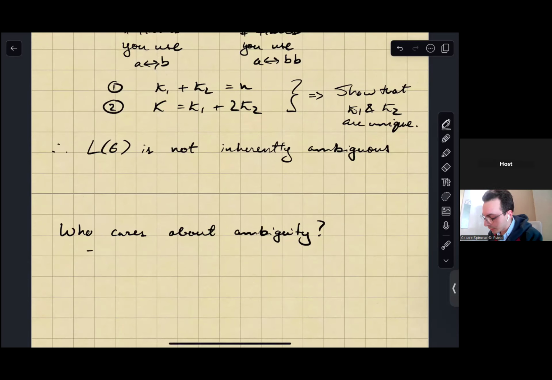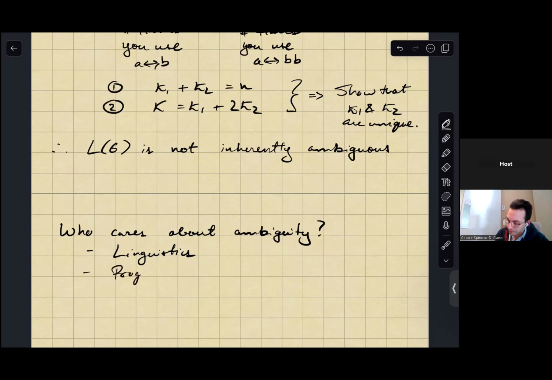First of all, in linguistics, determining whether some language is inherently ambiguous is an interesting research question that linguists care about. And it also is important if you're trying to model computationally the generation of sentences in the language.